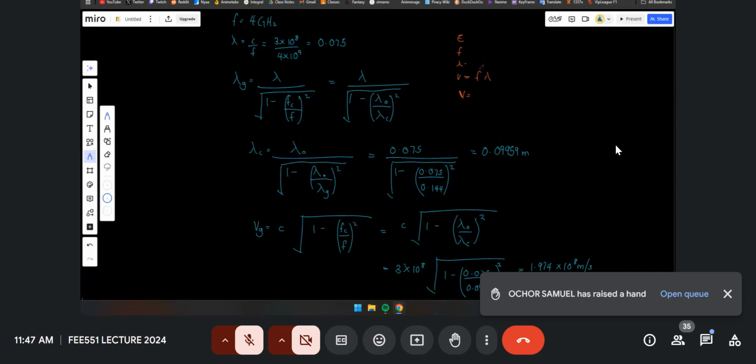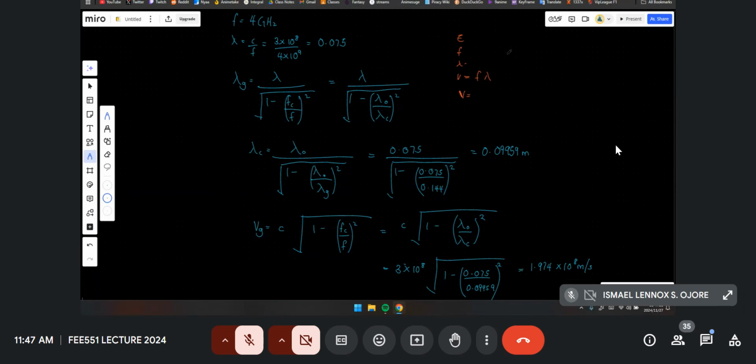Ochard, do you have anything to add on the same thing? Yes, I have a concern because the question says a standing wave indicator shows that the wavelength of the wave in the guide is 11.4, but as per the calculation, we are using the guide's wavelength as 11.4.